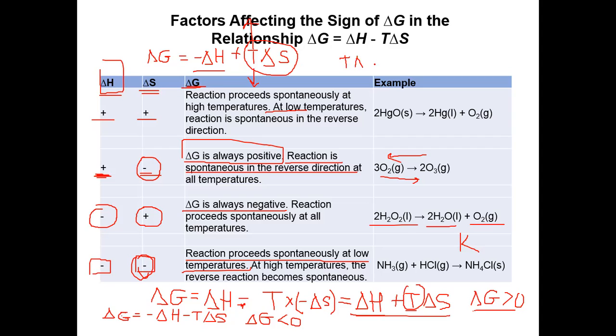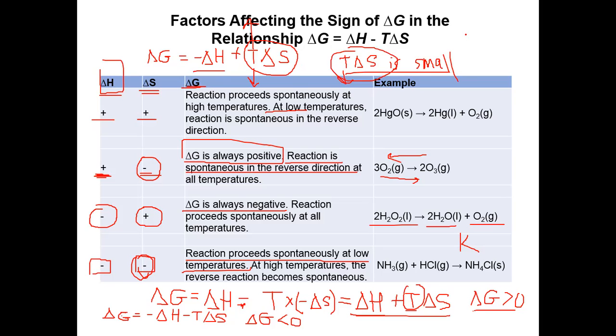T delta S is small, right? Because the temperature is very low. So if it is small, it means that minus delta H plus very small delta S is going to be again minus, right?